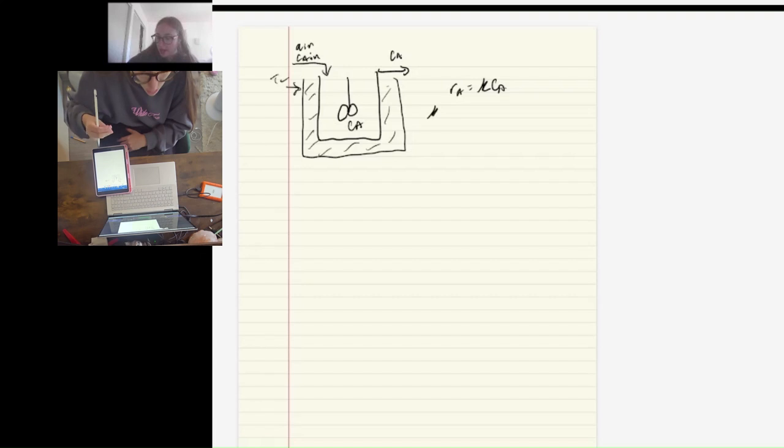Our k is going to be equal to k naught times the exponential of negative activation energy over the gas constant times T, the temperature. Since this is an exothermic reaction, it is releasing heat. That is what's going to help us with this.